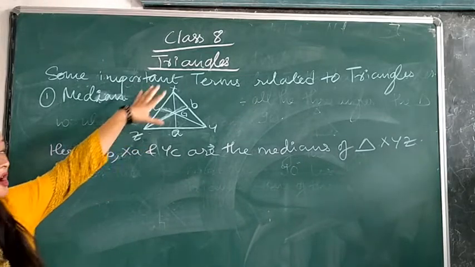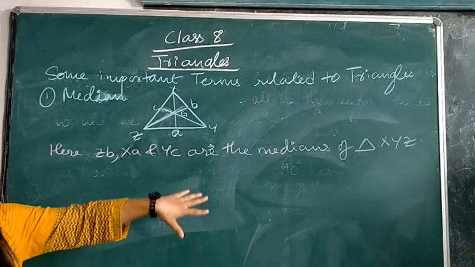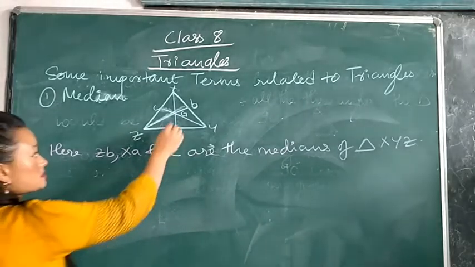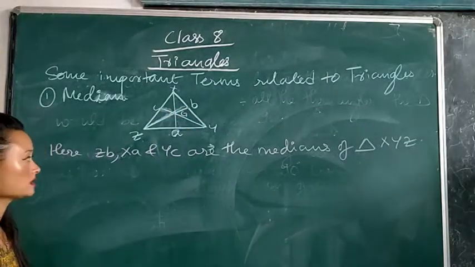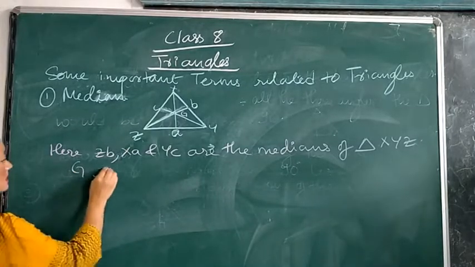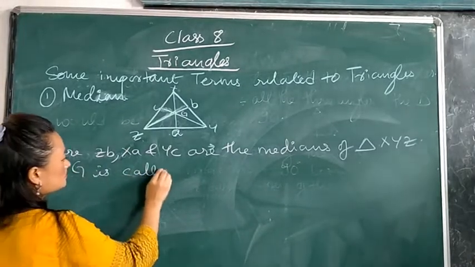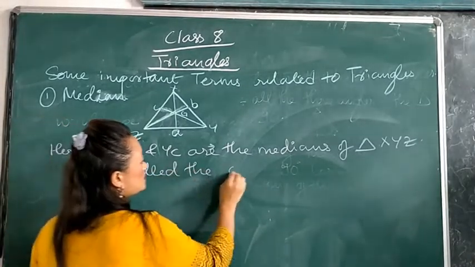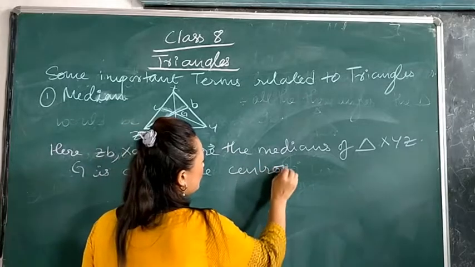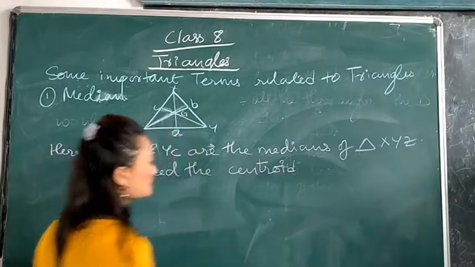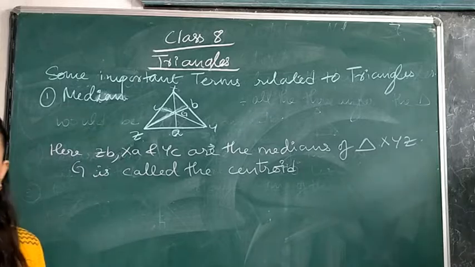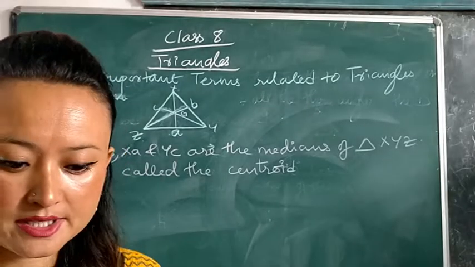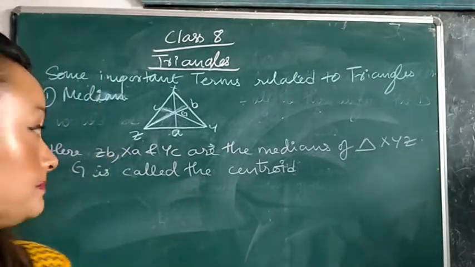That means they divide the opposite side into two equal halves, and they meet at a point, G. This point G is called the centroid. The point where all the medians meet or intersect each other is called the centroid.